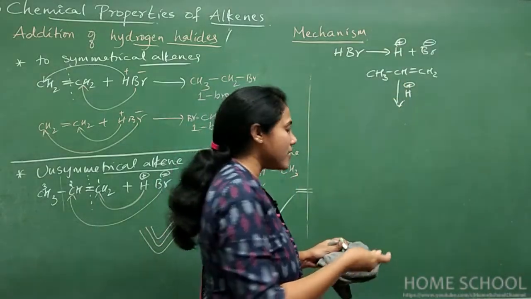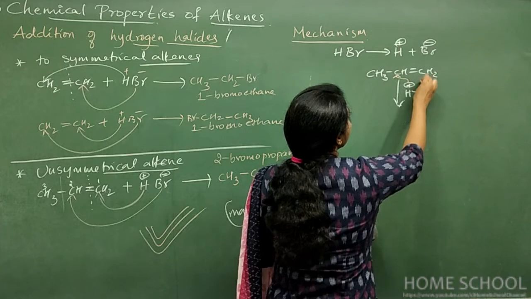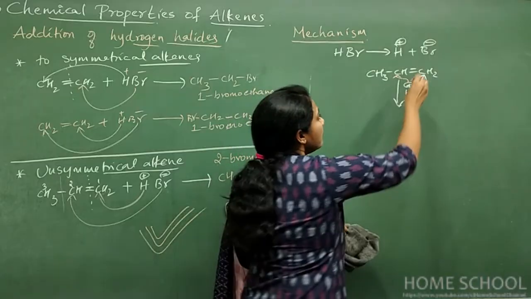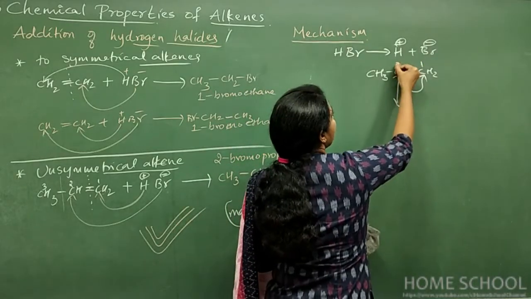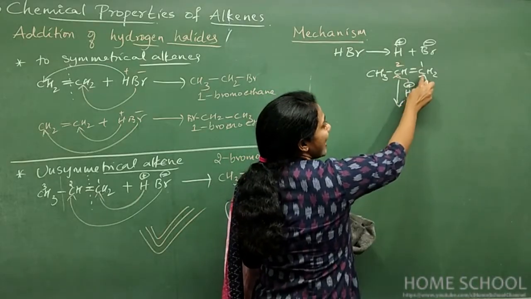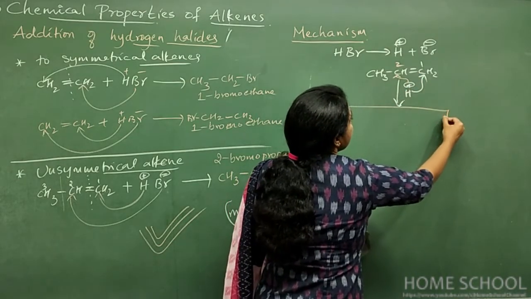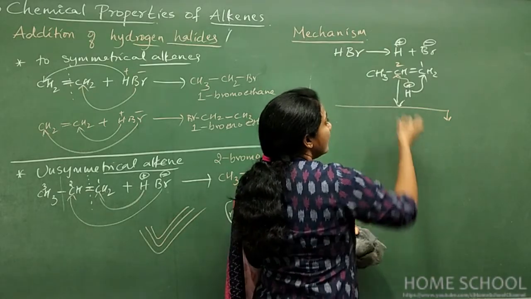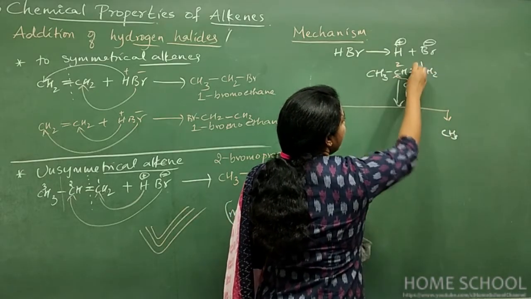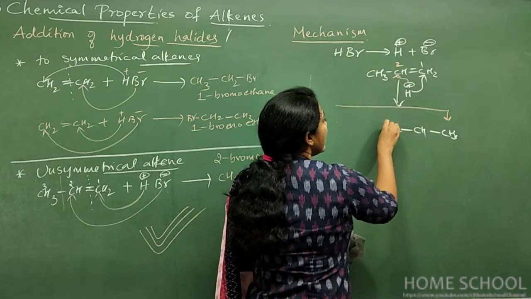See, there are two possibilities. Either H plus can add to this carbon or H plus can add to that carbon. Any one of the carbons can get added. So this is carbon 1 and this is carbon 2. Hope you can make the color differentiation here. If H plus is added to carbon 1, what do you get as an intermediate? With carbon 1, if H plus makes a bond, the double bond becomes a single bond, this carbon stays as CH, and here you get CH3.